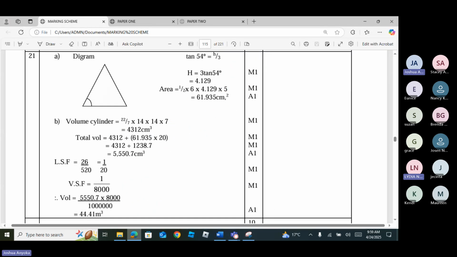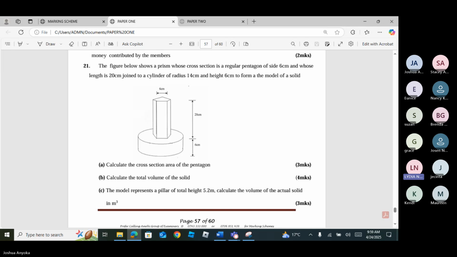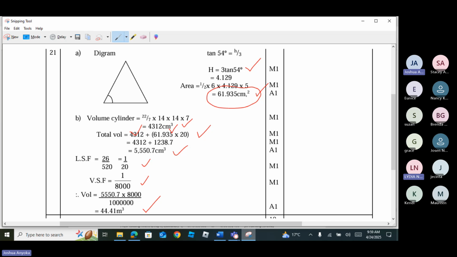The height is supposed to be 6. Yes. Sure, it should be 6. Our marking scheme is wrong there. The height should be 6. Work with the 6. So this one should be 6 times 6, not 7.